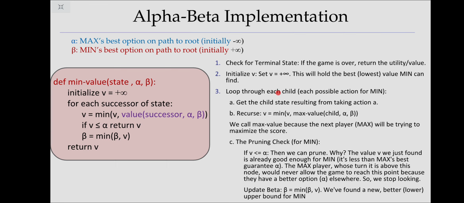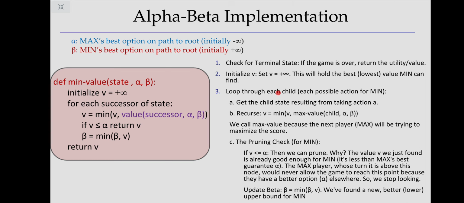The details of the algorithm are given here. As you see, in step 1, we similarly check the terminal nodes. If we receive a terminal node, we do not need to search more, the game is over, and we return the utility value.